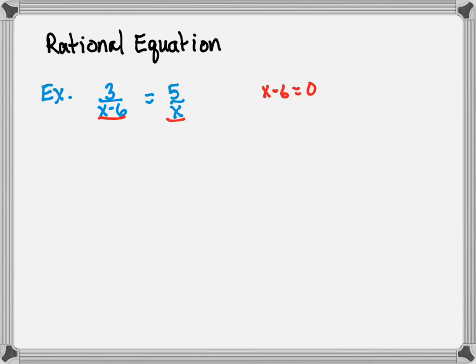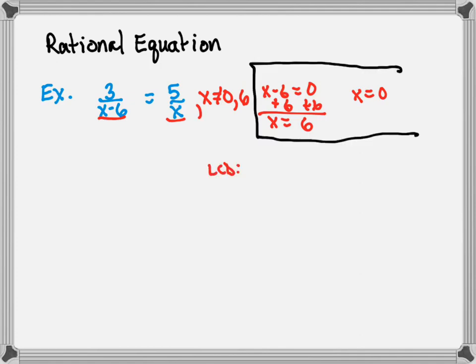So let's set each of our denominators equal to 0. x minus 6 equals 0. Solving, we get x equals 6, and then set the other denominator equal to 0, x equals 0. So x cannot equal 0 or 6.